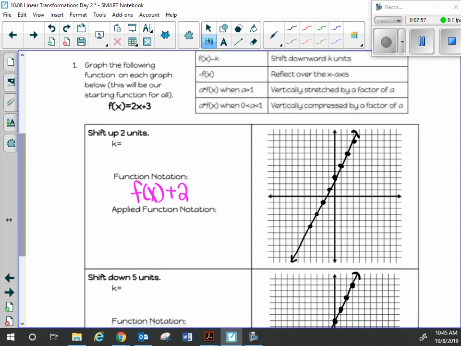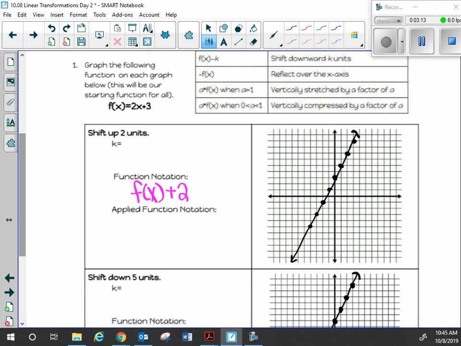So when I ask for a function notation rule, nowhere in this rule do you see 2x plus 3, do you? No, right? It's just f of x plus 2, which means that I can plug any function in here and it would work.